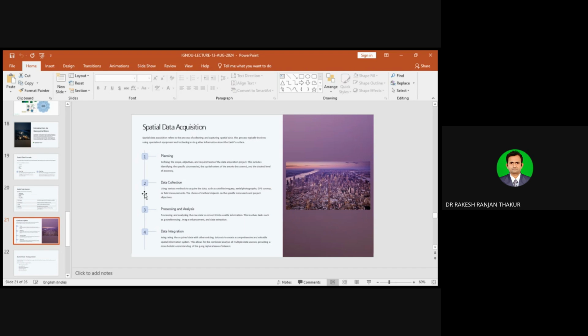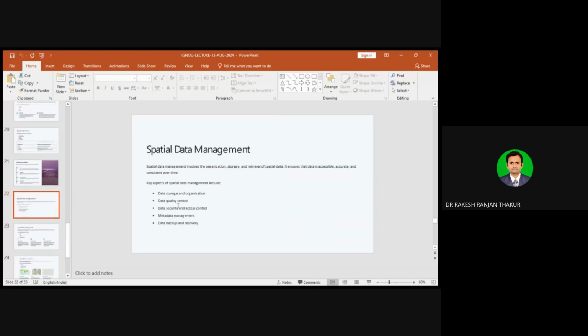Then those different types of data can be integrated. Then we can manage the data. Some important aspects of managing the data set are data storage, data quality control, you need to control that, data security, then obviously metadata, that is data about data, and we need to have some backup and recovery.